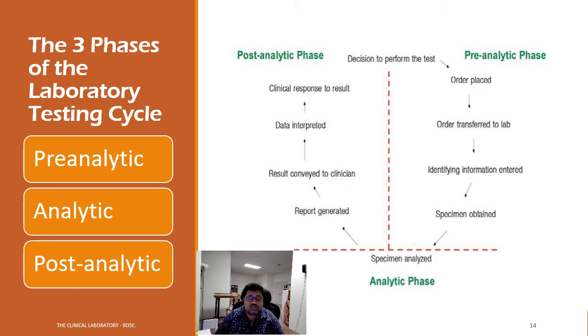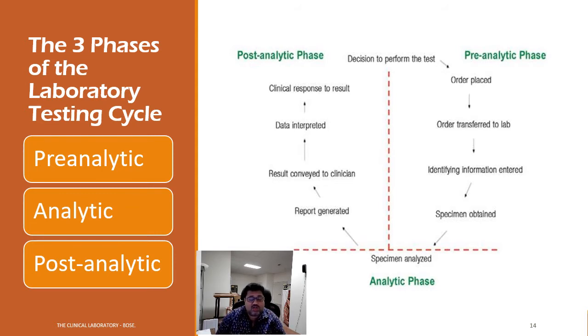The analytic phase of the entire cycle deals with the actual analysis of the sample in the lab. This is the period that you're waiting for the lab results to come back.